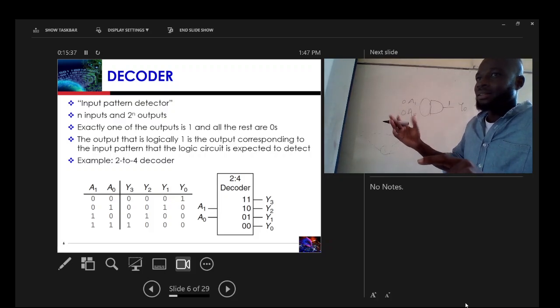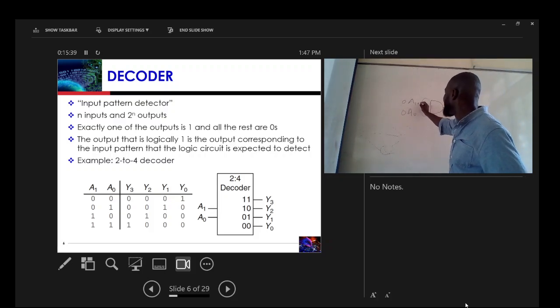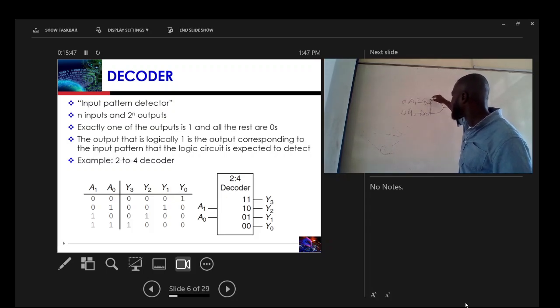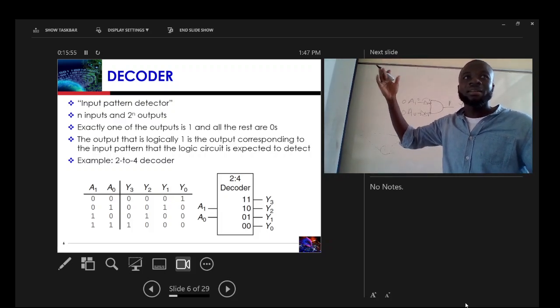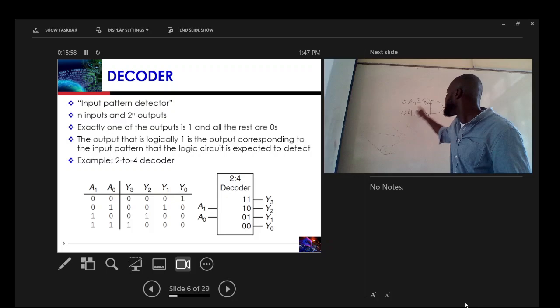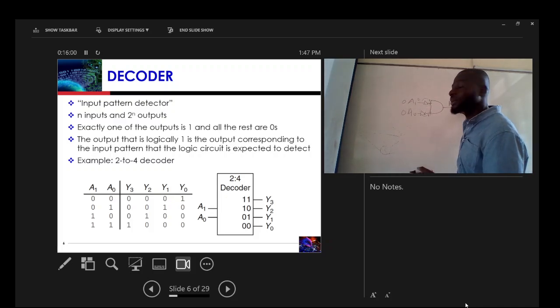I invert it. So I take A1 and invert it, and I take A0 and invert it. If here is 0, the output of this inverter is 1. Simple as that, right? So a 0, 0 will be inverted and then Y0 will be selected.